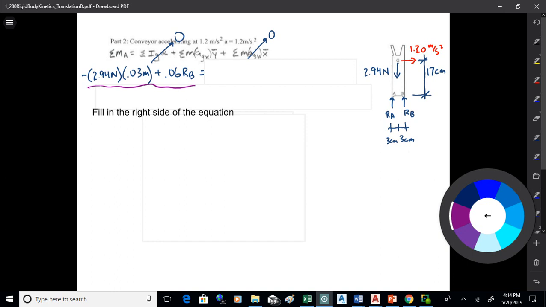Now that's going to equal Ig alpha plus m ag xy bar plus m ag yx bar. But we're going to come into this assuming the thing isn't tipping, so there's no alpha yet, no angular acceleration, and it's not accelerating up or down, so agy zeroes out. So I have m, agx, and y bar that I'm going to equate this to.